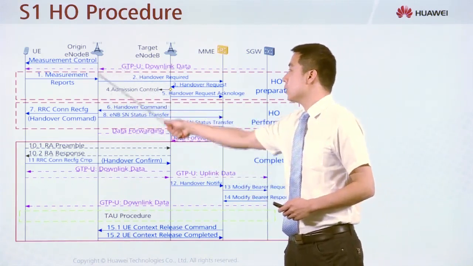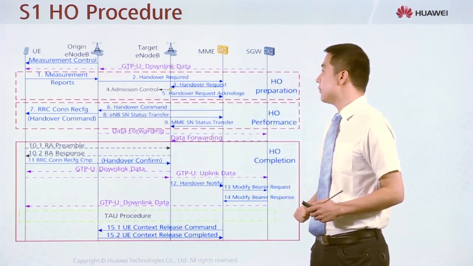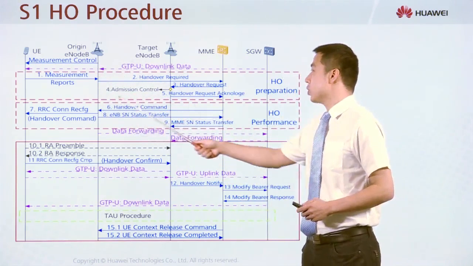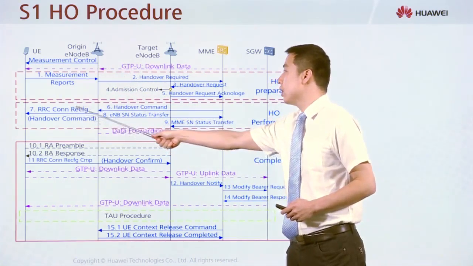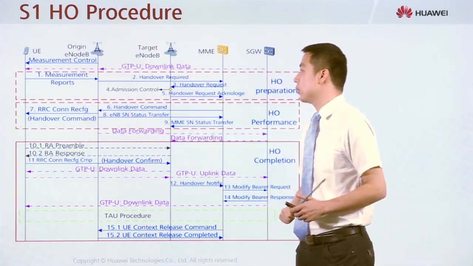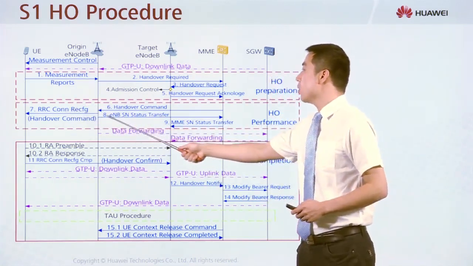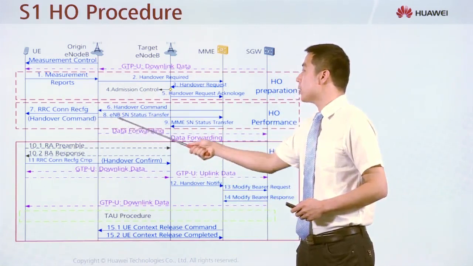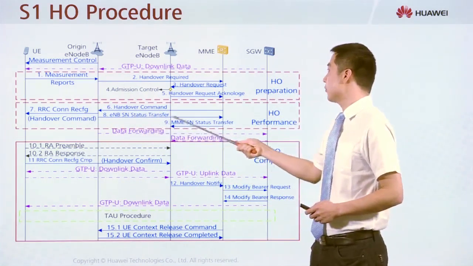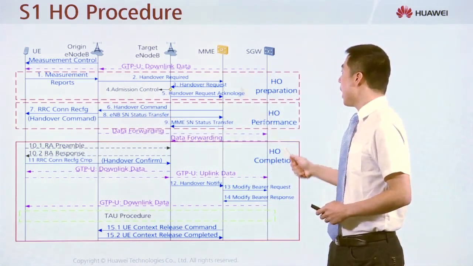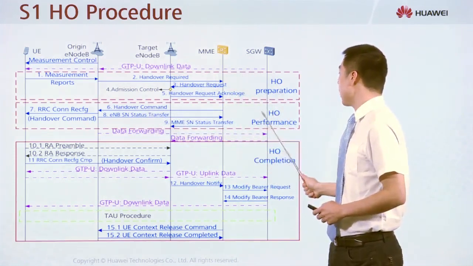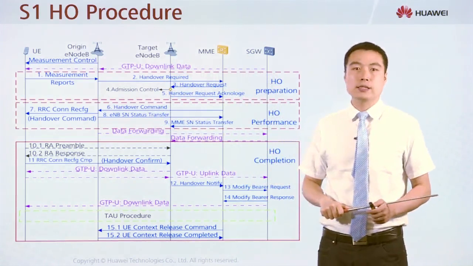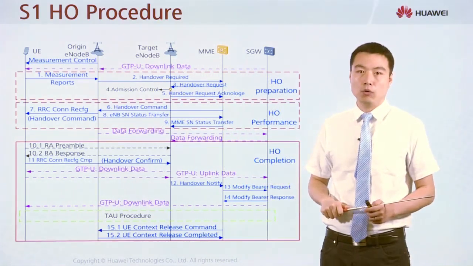When the source eNodeB receives this handover command message, it will send the RRC connection reconfiguration to the UE, which is a handover command for the UE. The source eNodeB will also send the SN status transfer to the MME. All of this is the handover preparation and handover execution procedures, exactly the same as the X2 handover.